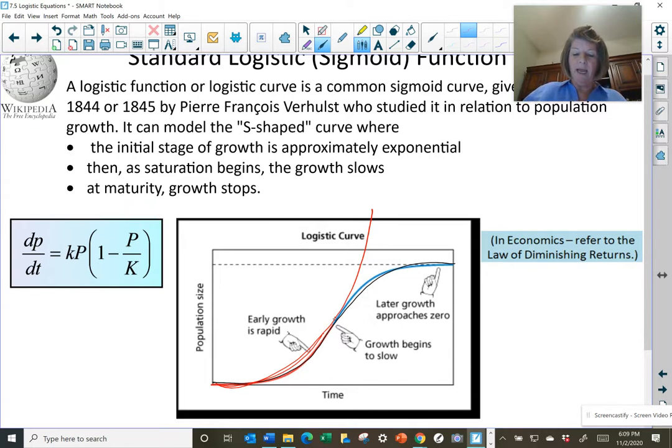But then, as we start saturating the environment with the population, the growth begins to slow down. It's still increasing, but at a decreasing rate, okay? So it's got that slowing down, and that's what kind of bends it back over.